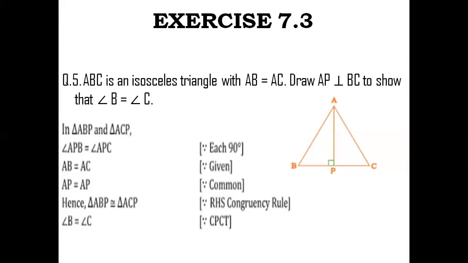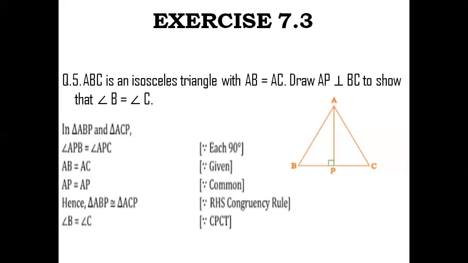So with this, it clearly states that by RHS congruency rule, triangle ABP is congruent to triangle ACP. I repeat, triangle ABP is congruent to triangle ACP.